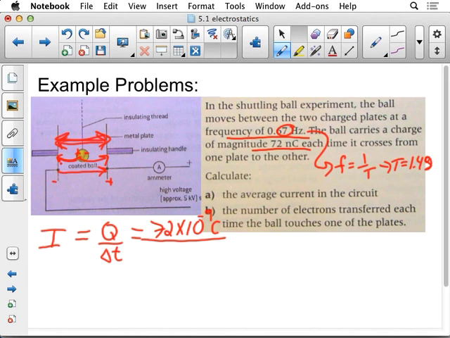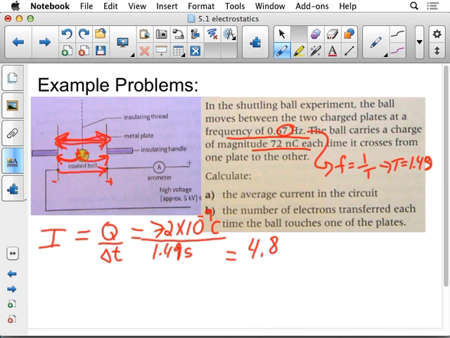All right, so now we put in the amount of time, 1.49 seconds. And we divide 72 by 1.49, right? Equals how much? Approximately 72 divided by 1.5 almost. 4.824.